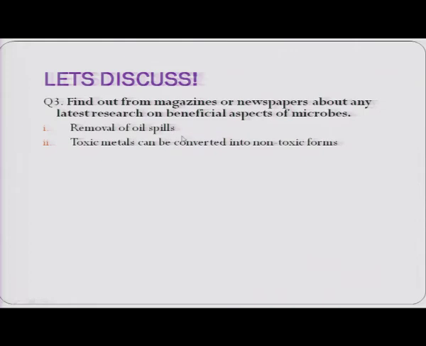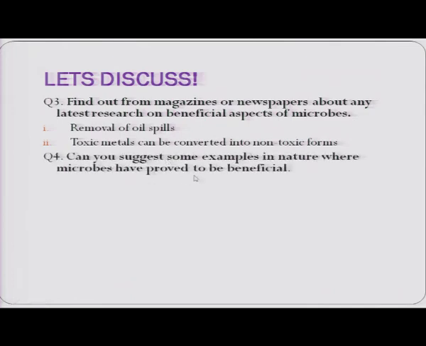Especially the bacteria Pseudomonas putida can be used for removing the oil spills. They have shown a significant reduction in the amount of oil after using microorganisms. Similarly, there are certain toxic metals like arsenic, mercury present in the soil which can be converted into non-toxic forms by the use of microorganisms.